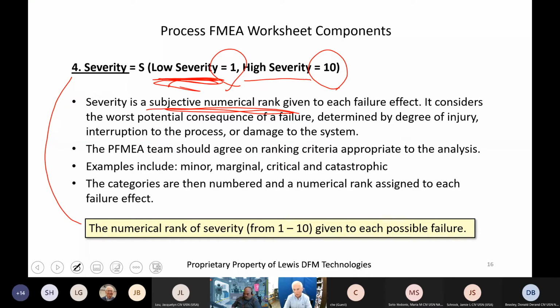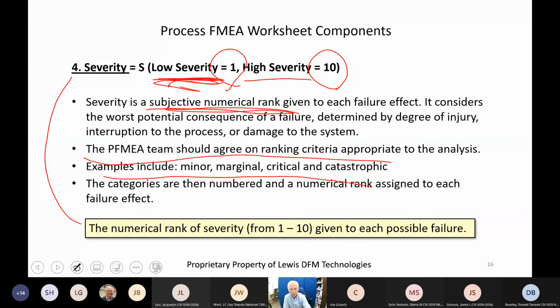Is this a potential problem? Yes, it is. It can cause differences of opinions and arguing, and it can cause delay in making progress in a PFMEA activity or event. But you've got to be able to learn how to do that. And I've got a couple of severity recommendations in the backup that we'll get to that will help you. Okay. So we need to agree on this ranking.